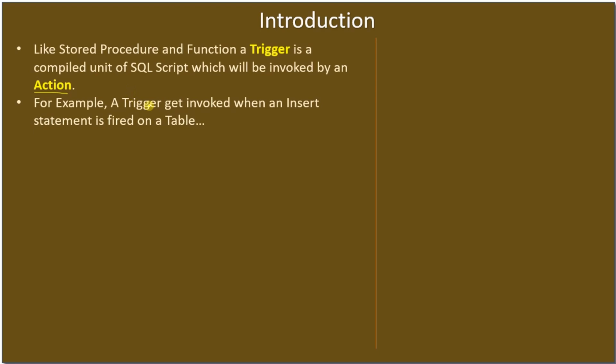For example, a trigger gets invoked when an insert statement is fired on a specific table. Let's say we have a table called student and you are running an insert statement.